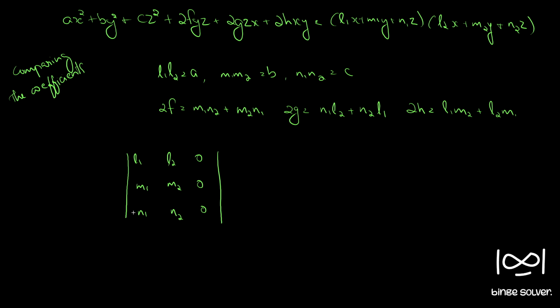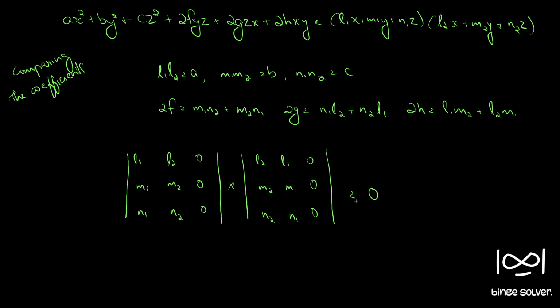This is a simple, easy method to solve our equation. I will explain how. This is a zero determinant. Since we have this column of zeros, the determinant of this will be 0, multiplied by another determinant with rows L1, M1, N1, and L2, M2, N2, and a zero row, which is also 0.